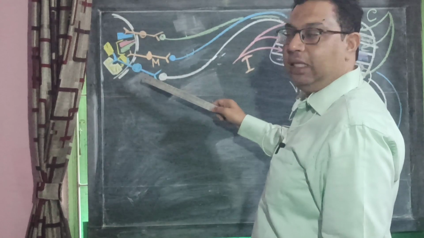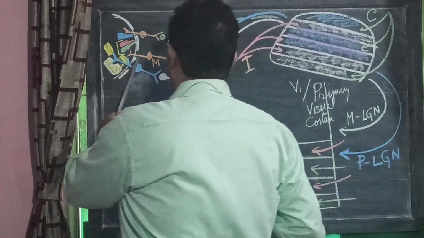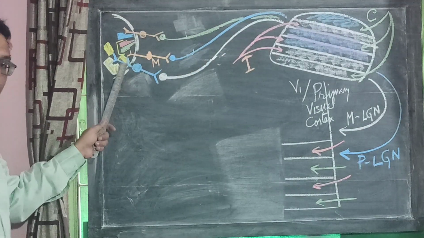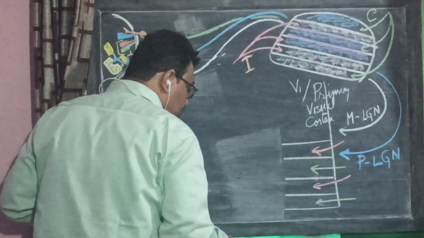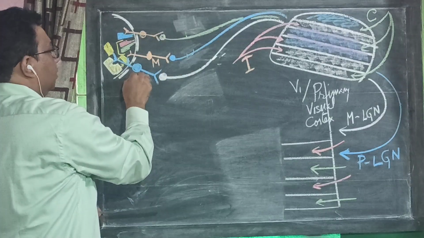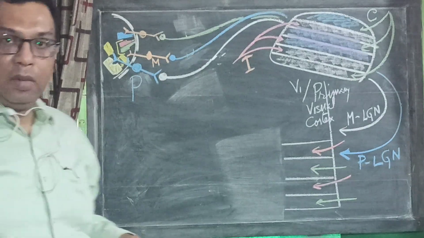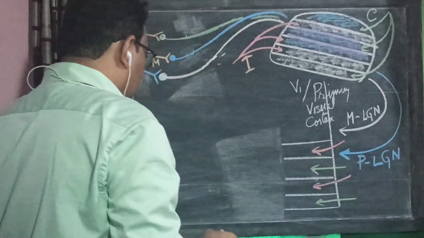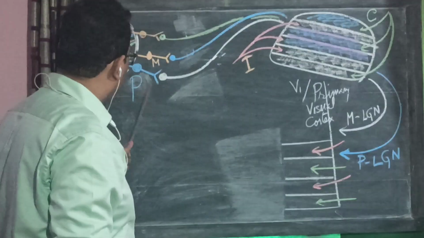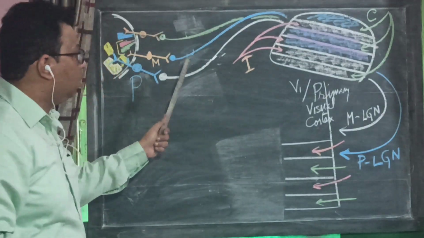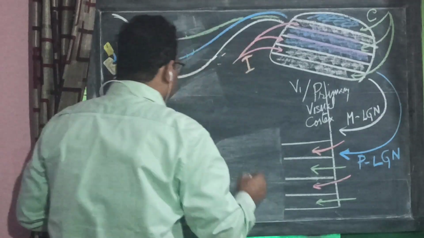Regarding the bipolar cell carrying them away, this bipolar cell caters to the rods. So many rods will converge on one bipolar cell. This bipolar cell is a parasol or a diffuse bipolar cell, which signals to a magnocellular ganglion cell.